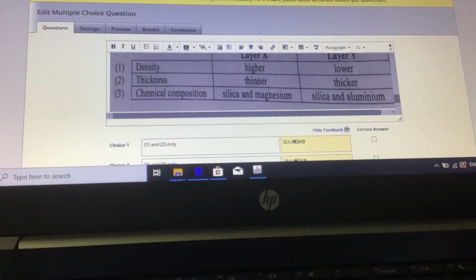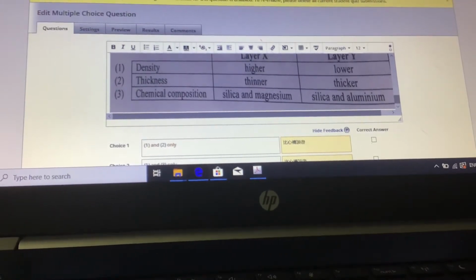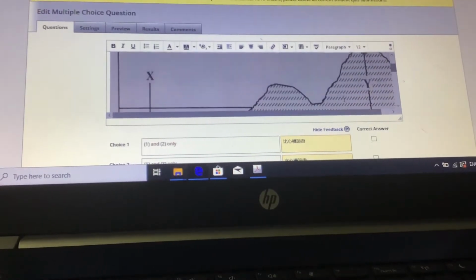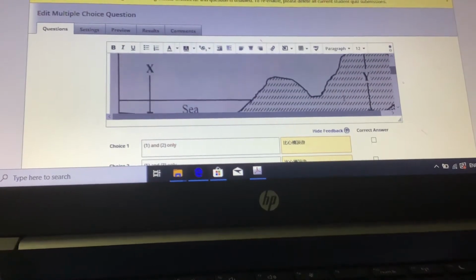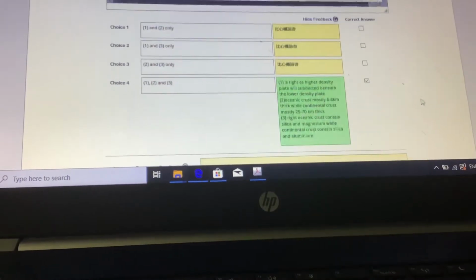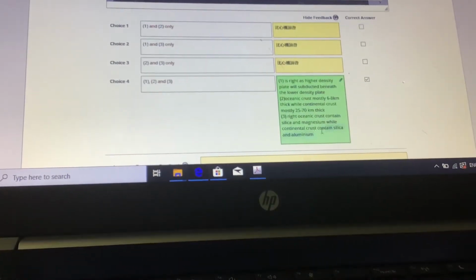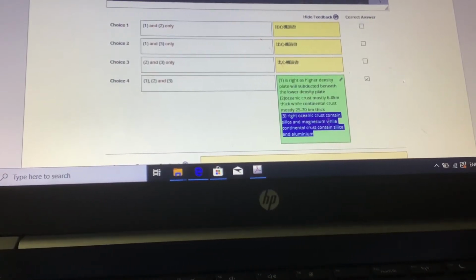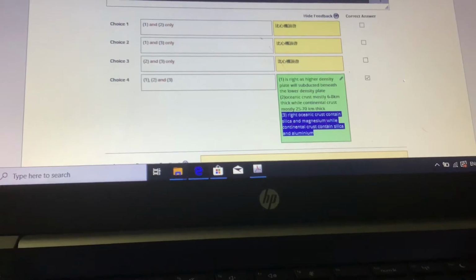And then for number 3, the chemical composition, which one is which. I think this is quite a difficult question because if you do not go very deep into your textbook, you won't know it. Let's check out the answer right here. Number 3 is right because the oceanic crust will contain silica and magnesium.